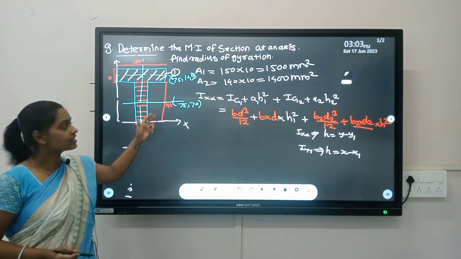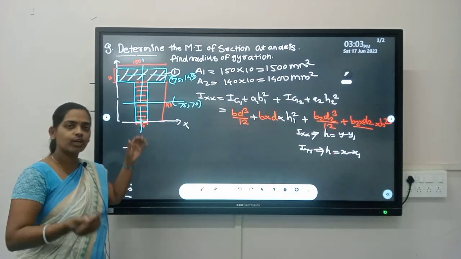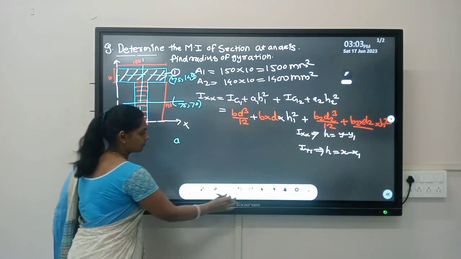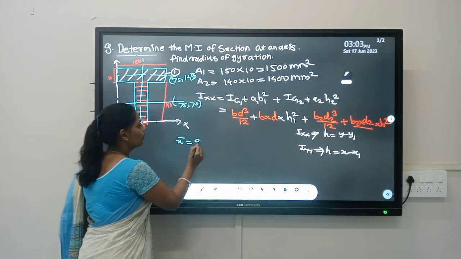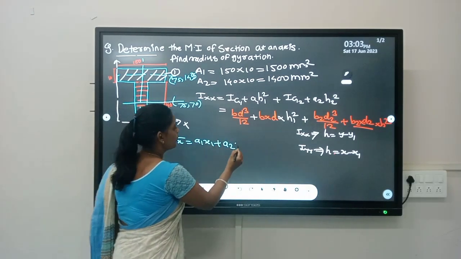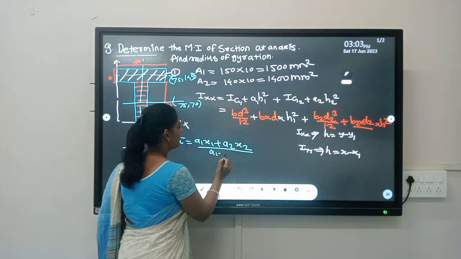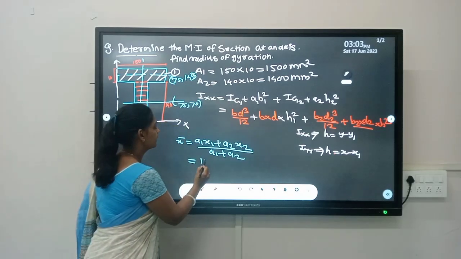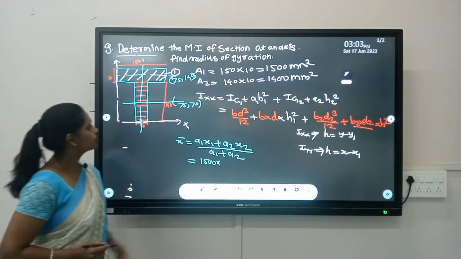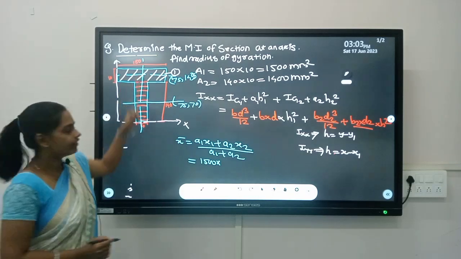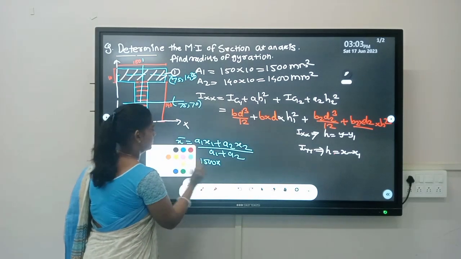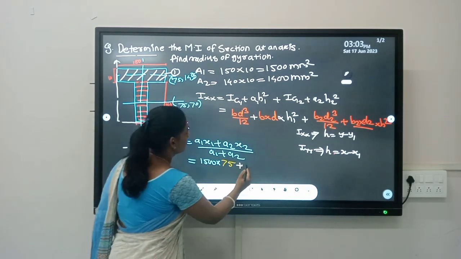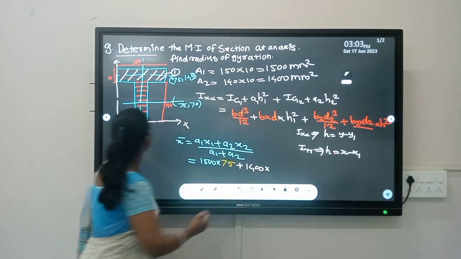Now we have to calculate centroid of whole section. What is the formula to calculate centroid of whole section? Yes, it is x bar is equal to A1 x1 plus A2 x2 divided by A1 plus A2. So tell me the calculation. It is 1500 into x bar. What is x bar? It is obviously 75 plus A2, 1400 into x2.